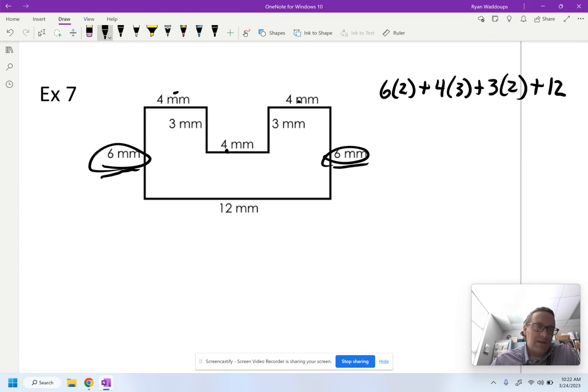So I'm typing this into my calculator. 6 times 2 plus 4 times 3 plus 3 times 2 plus 12, and I get, this is my perimeter, and when I calculate that altogether, it is 42, and the unit is millimeters.